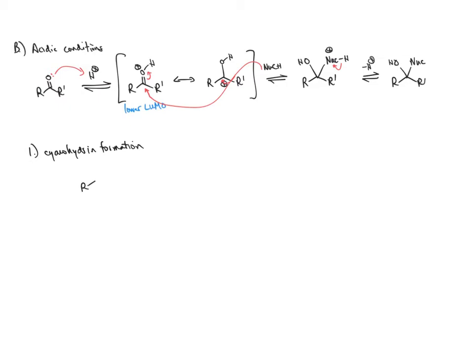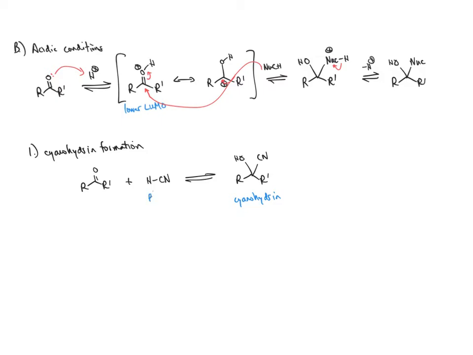A cyanohydrin is a molecule that comes from the reaction between some carbonyl and HCN. And so this is going to give a molecule, a functional group, known as the cyanohydrin. And this reaction is under thermodynamic control.